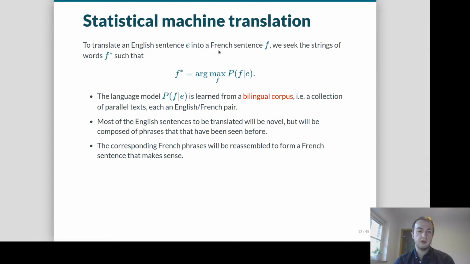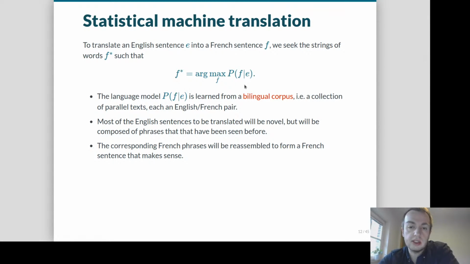So instead, we can frame the problem as a statistical inference problem. So this is what we'll do. To translate an English sentence E into a French sentence F, so E for English and F for French, what we'll try to find is the sentence F star for which the conditional probability of that sentence F conditioned on our input sentence E is maximum, right?